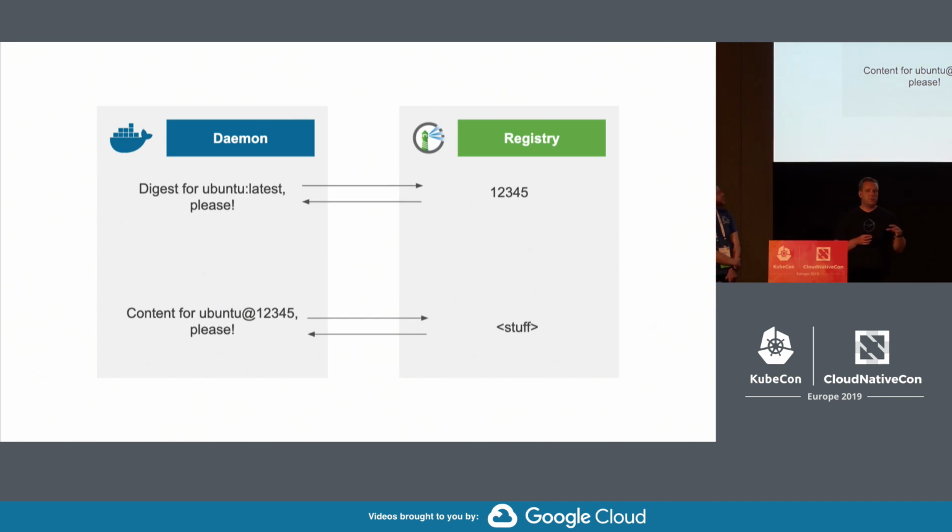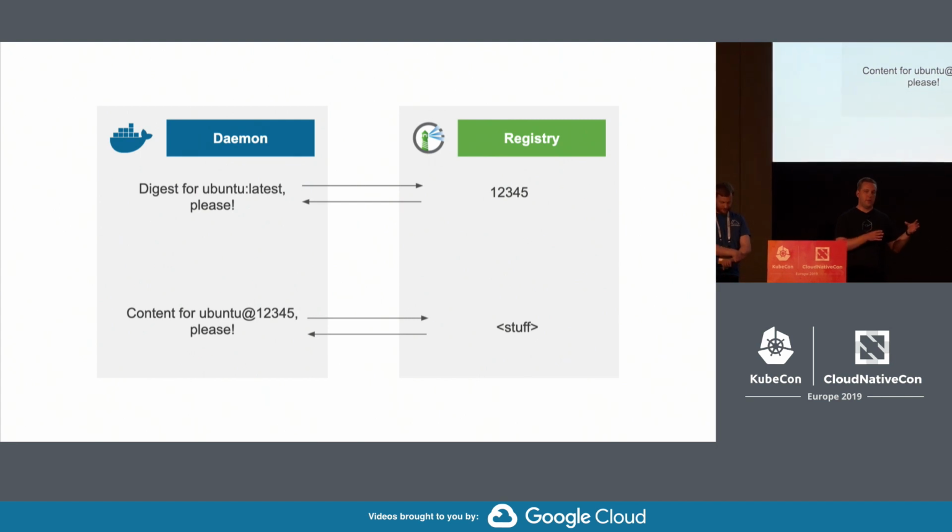So in a normal Docker registry flow, the Docker client in blue on the left asks the registry for a version, known as a content digest, for the image at a particular tag, so Ubuntu latest. That digest will come back to the client.